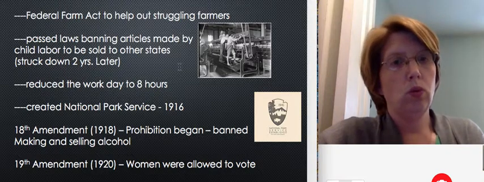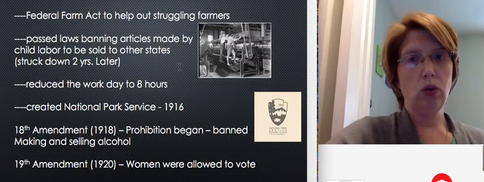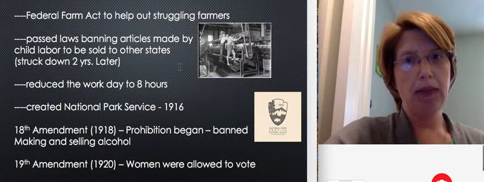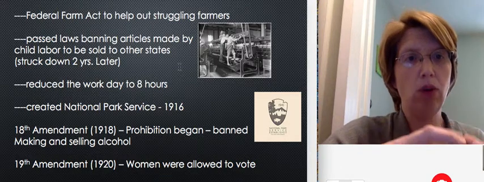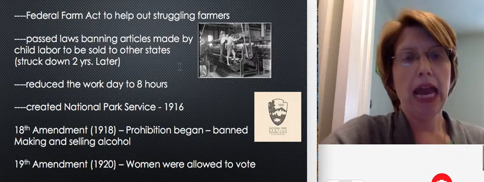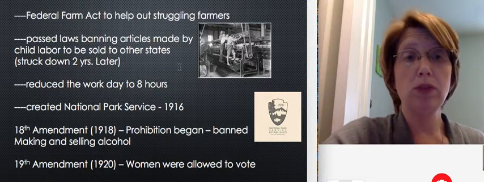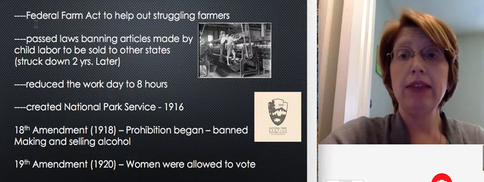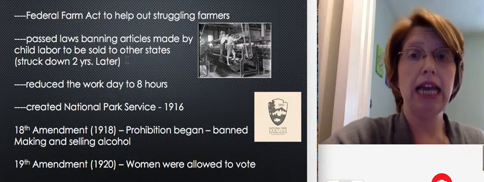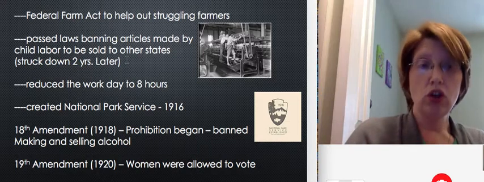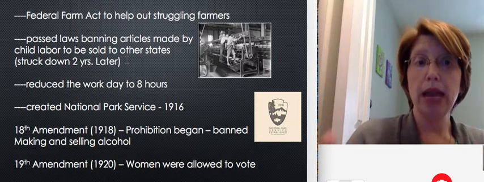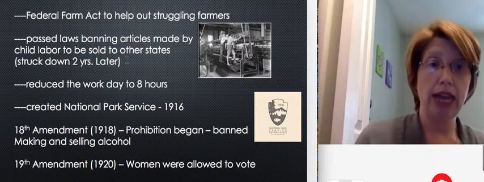So Wilson tries to pass some stricter laws to help reduce child labor. He can't completely get rid of it yet. None of those bills pass in the House. He tried, and it wouldn't pass. They did pass some laws that said you could not sell materials made by child labor to another state.